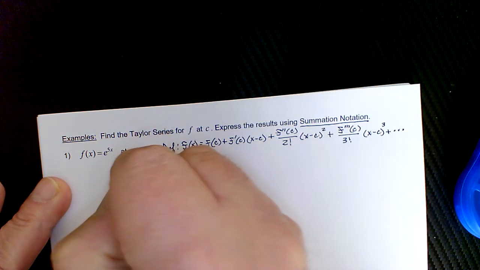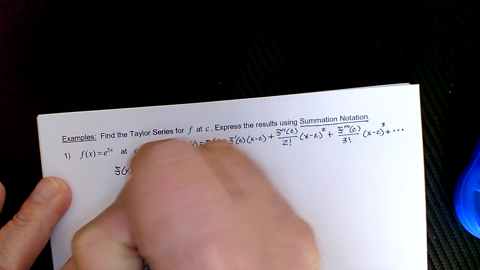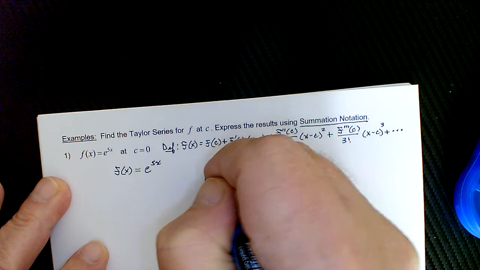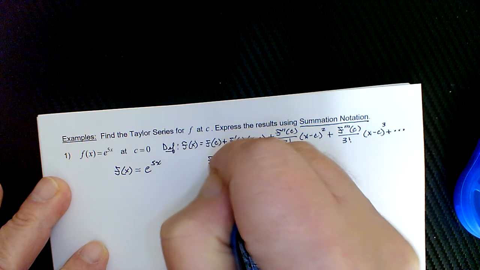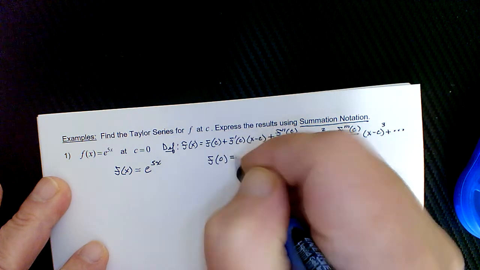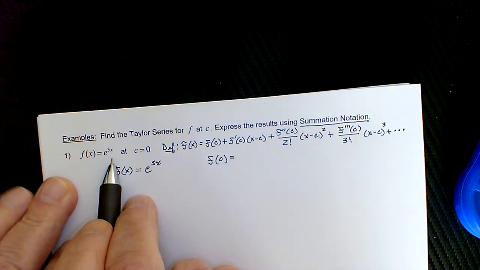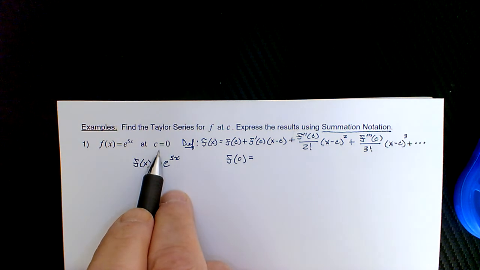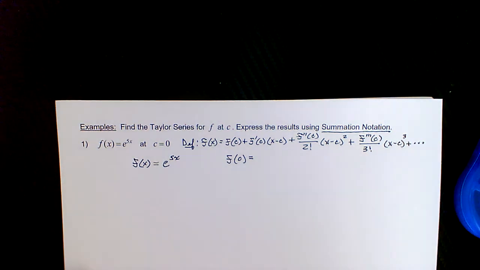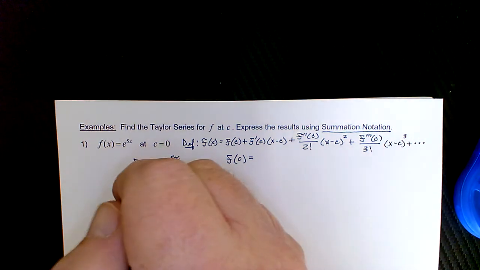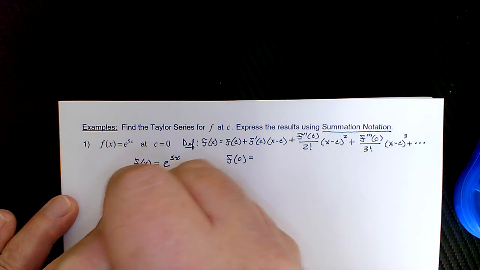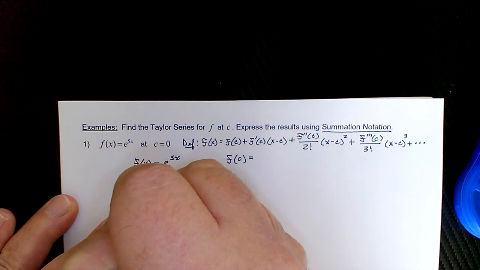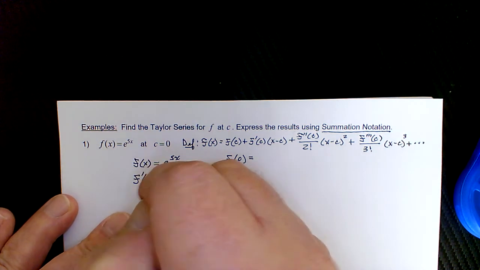So in this case, f of x is e to the 5x. And then we're going to have another column with the function and its derivatives evaluated at the given value of c, which in this case is 0. So it's really a Maclaurin, but we're going to treat it as Taylor.